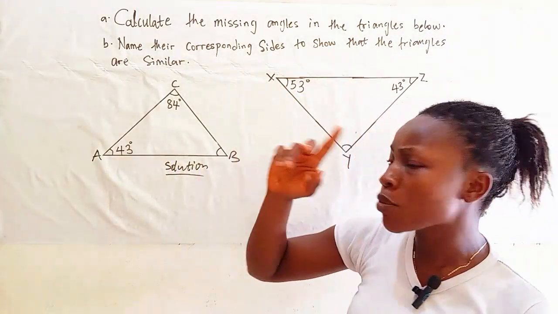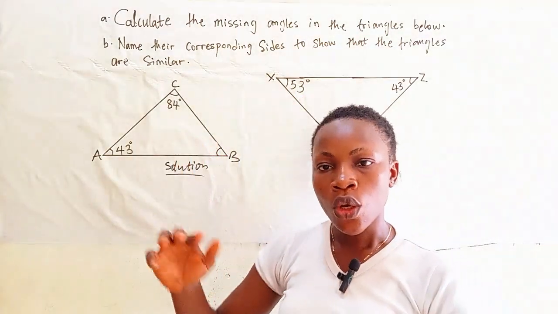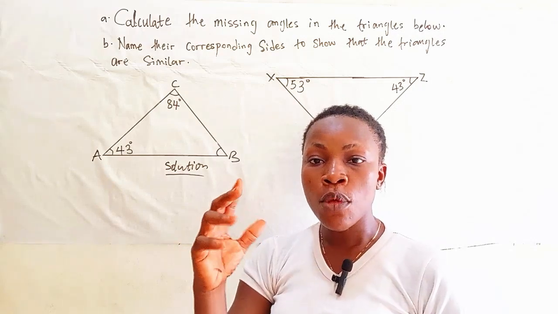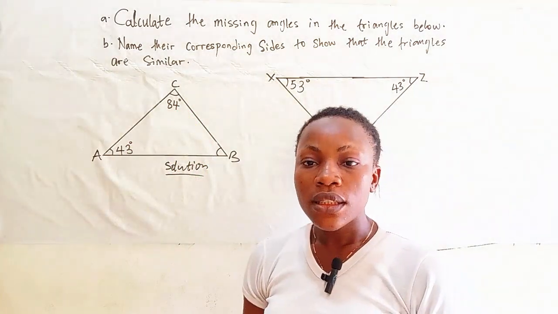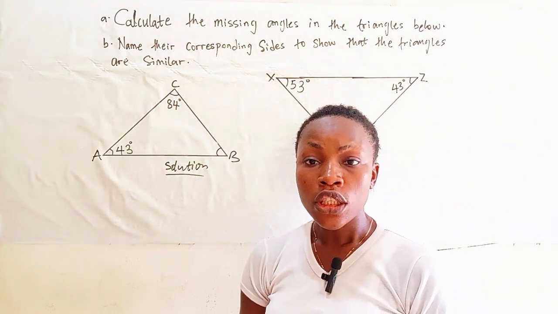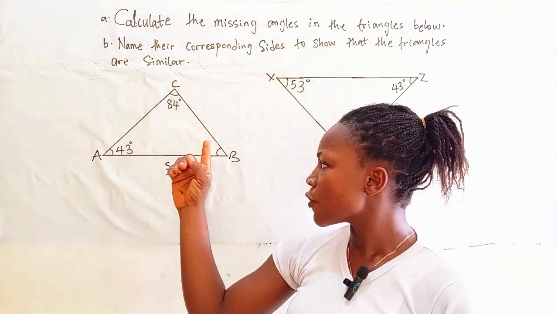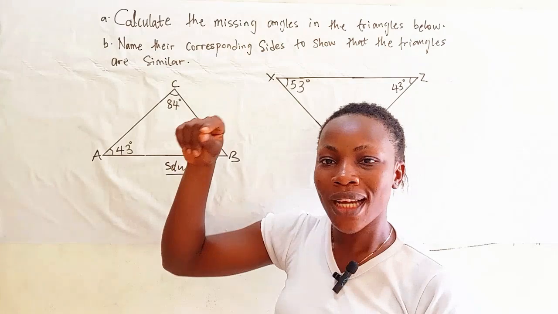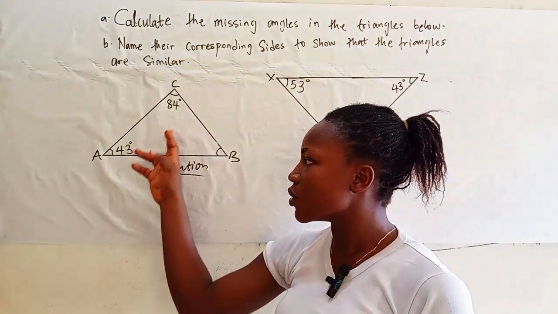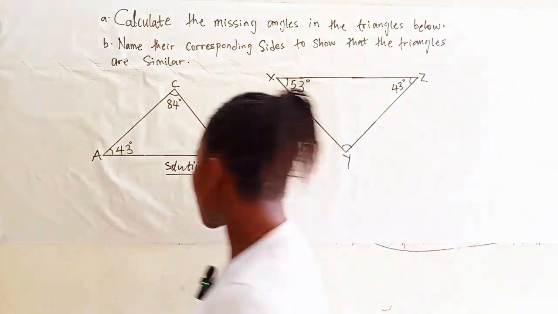For us to be able to find the value of our angle B, we all know that the sum of angles in a triangle is equal to 180. That means for us to find this, we have to add these two angles, then subtract them from the total sum of angles here, which is what? 180. Alright, so let's go and solve it.